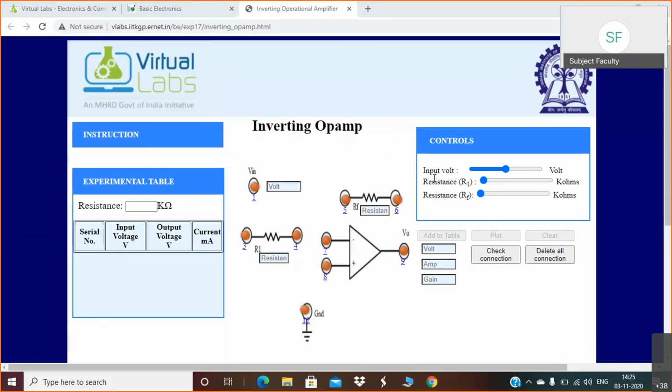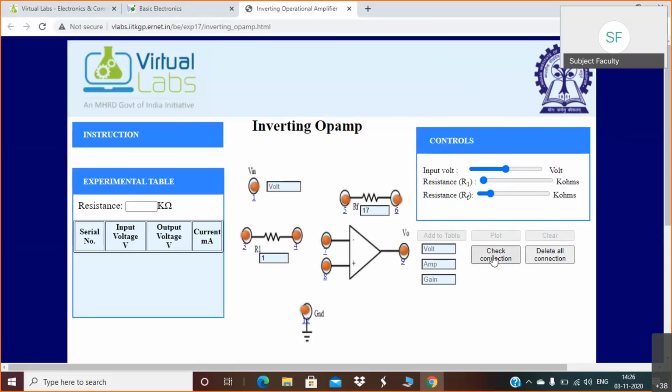You can vary three parameters: input voltage and R1 resistance, whose value can be varied by varying this. Similarly, the feedback resistor RF can be varied from here. So three controls are given: input voltage, resistor R1, and resistor RF.